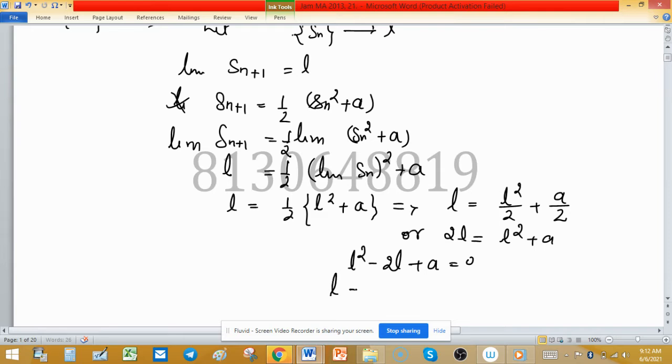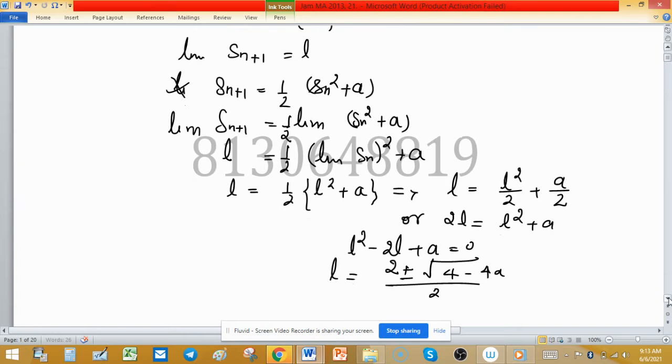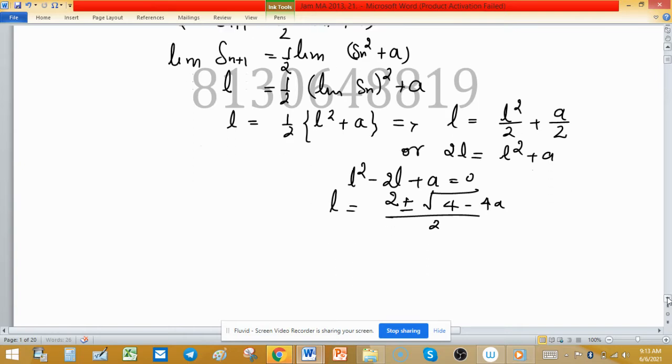So L equal to 2 plus minus square root of 4 minus 4a divided by 2, and there will be two roots of this, but the limit is unique for a convergent sequence. So we will decide further which limit will work for this sequence.